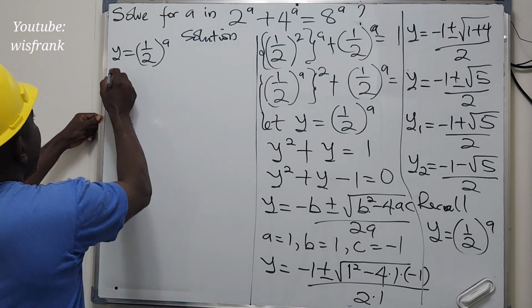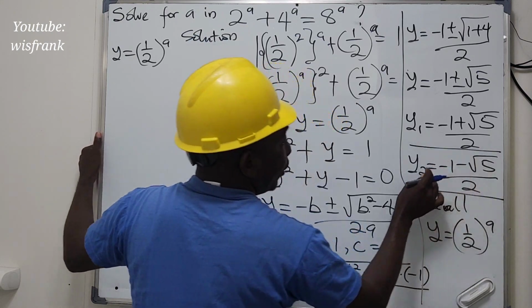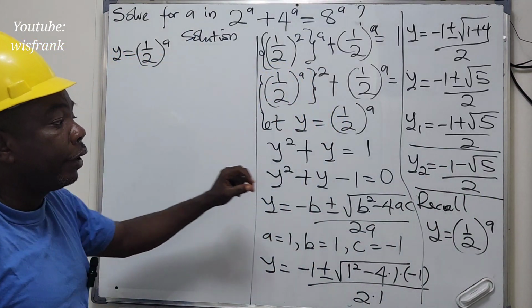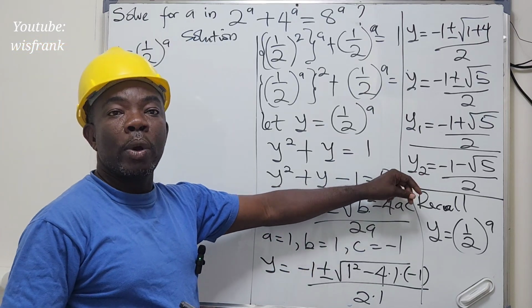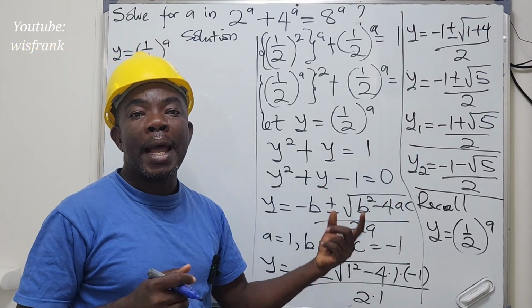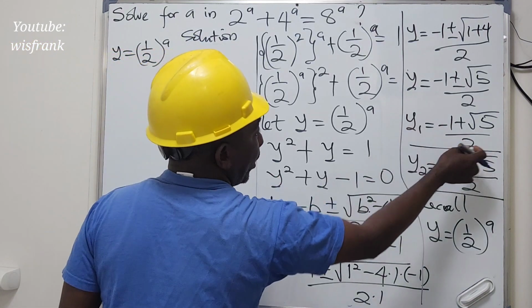Let's take each of these to find a from the solution of y. Before we do that, we need to check which one has a real root and which one does not. We can take one after the other.